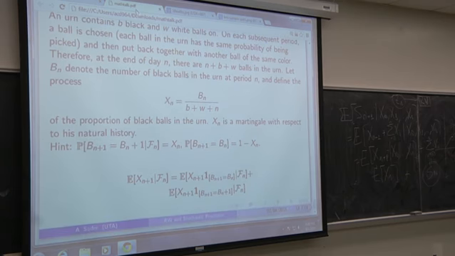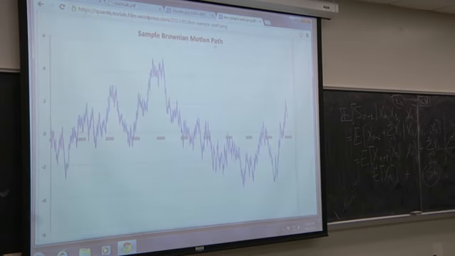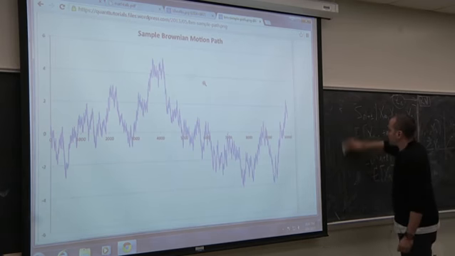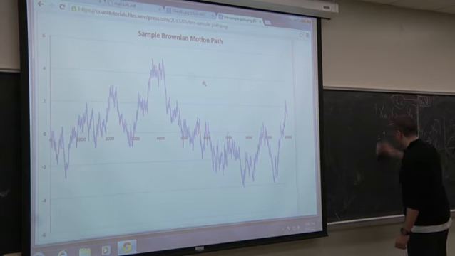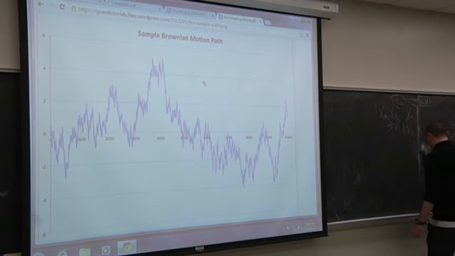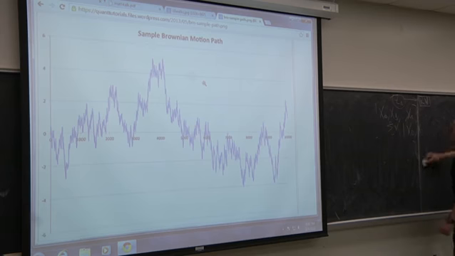And so the last topic. I still have a few more minutes. The last thing is that one of the most studied stochastic processes, now in continuous time, is Brownian motion. Let me just quickly give the definition of Brownian motion.